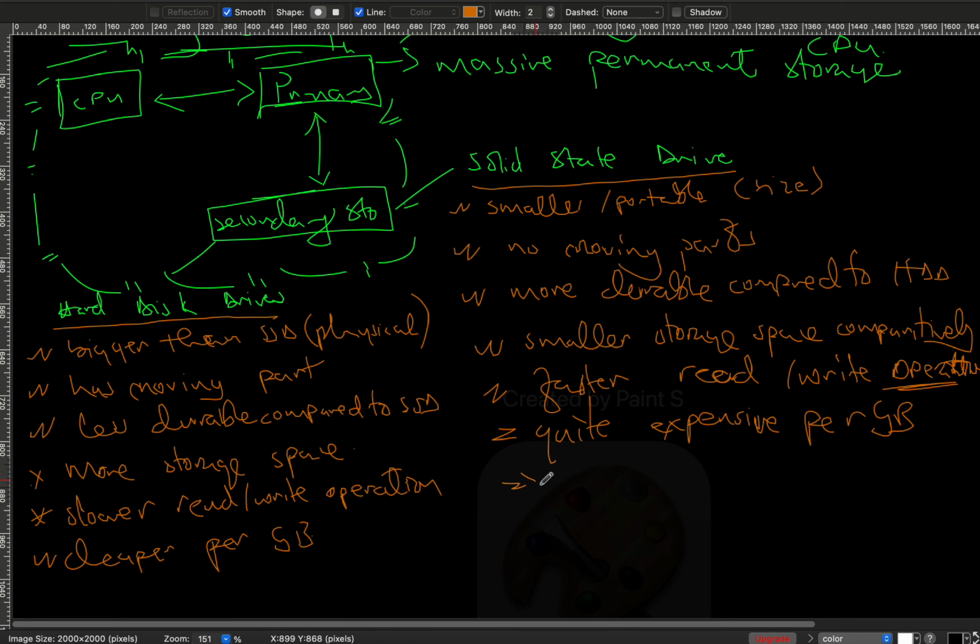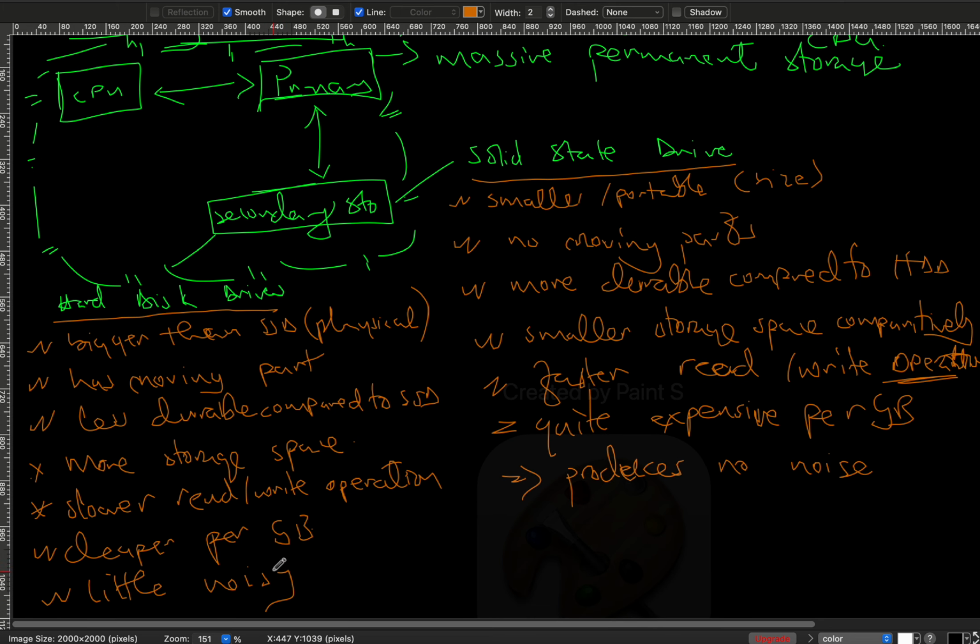You see that the SSD does not have any moving parts, which means it does not produce any noise. So it produces no noise when we're actually writing or reading from it. But this one is going to be a little bit noisy when we're recording to it, because we are going to be hearing the sound of the rotating disc inside.